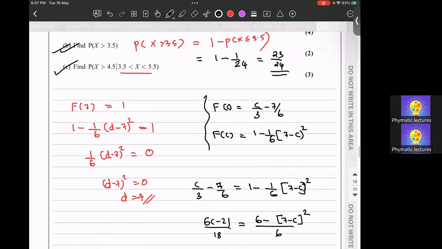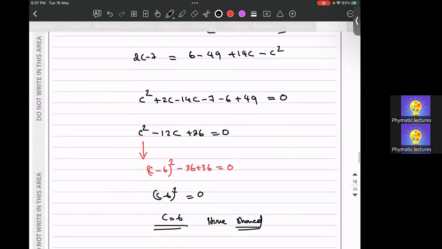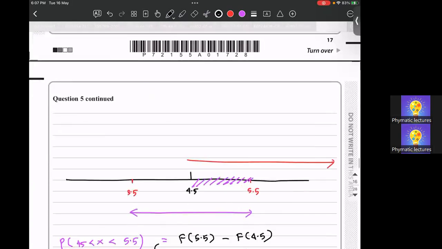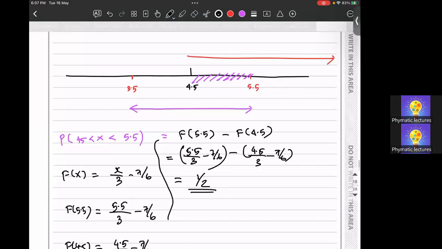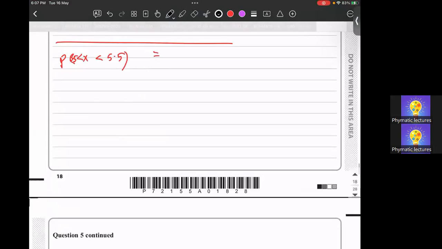It's not given, right? So that is not given. So we have to separately calculate. So please calculate it: probability of x in between 3.5 to 5.5.